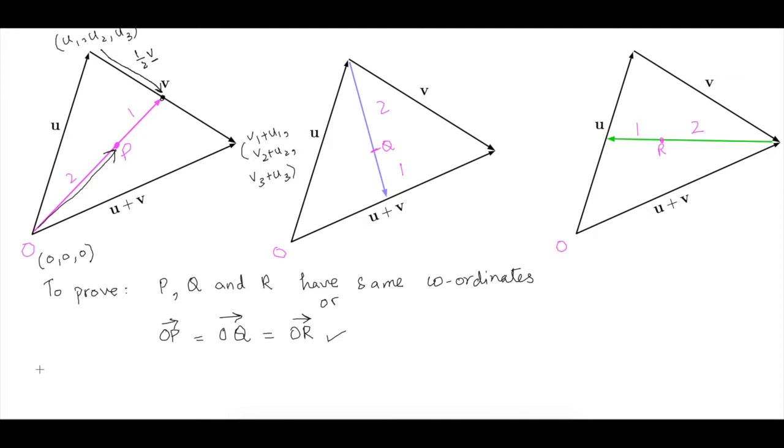I can say OP is equal to 2/3 of the median vector, which is equal to 2/3 of, now note that U plus half V is equal to the median, so I can say U plus half V. And then I can say 2/3 of U plus 1/3 of V. Correct?